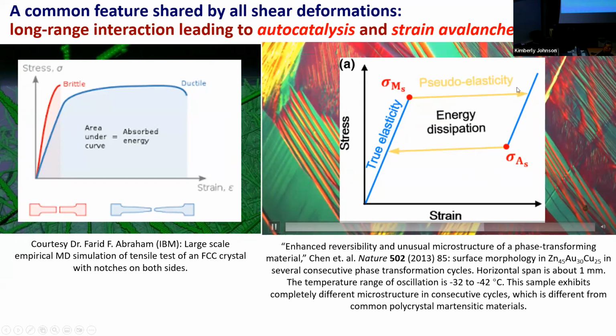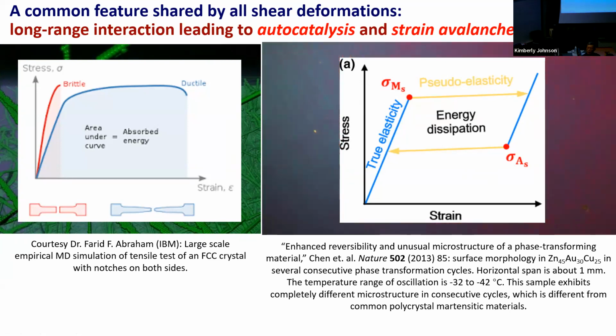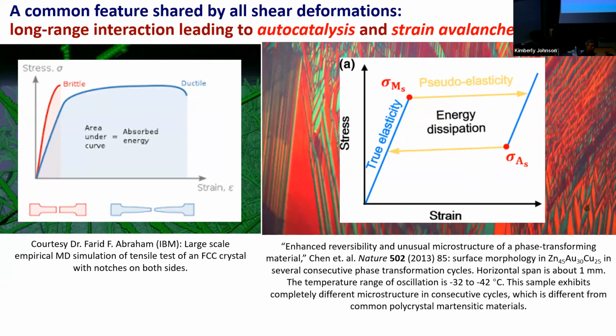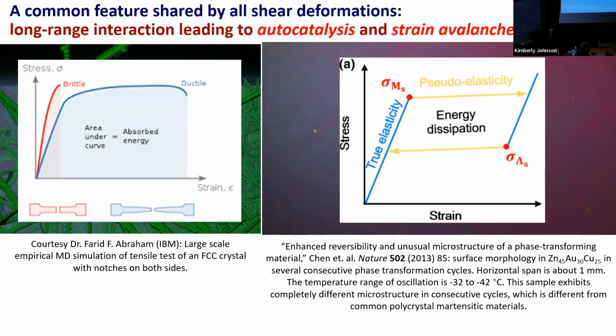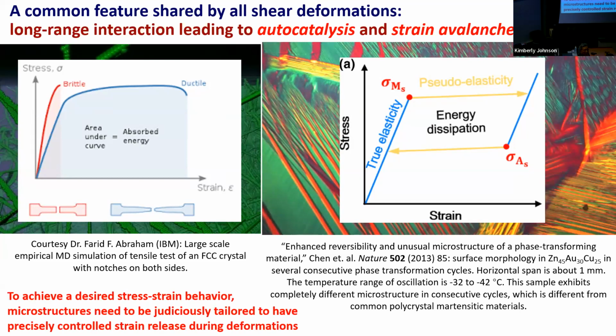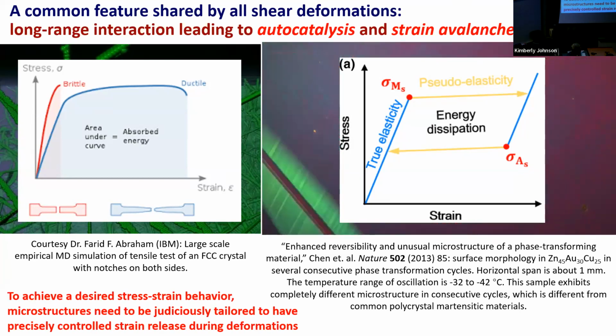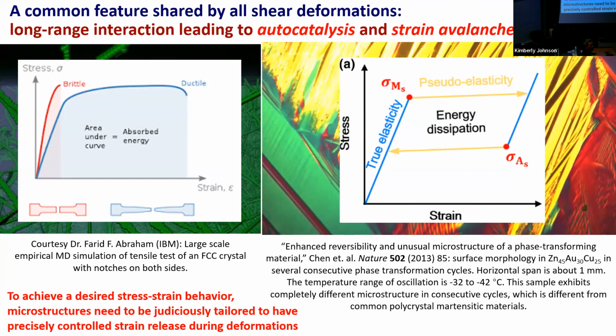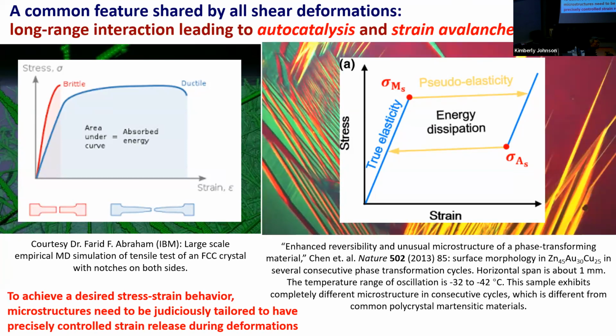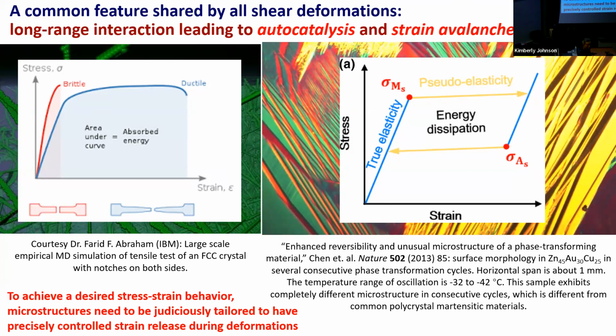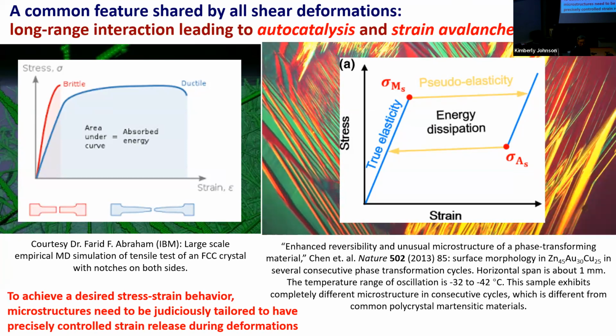So those kinds of hysteresis loops, stress strain hysteresis, are good for certain applications, damping, and some others. But for other applications, those may not be the ideal stress strain curve you want. So the key is, how could we tailor the microstructure to control the strain? Because those strain avalanches are very difficult to control.